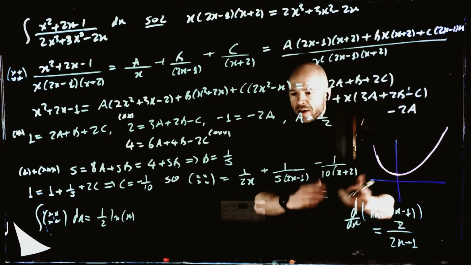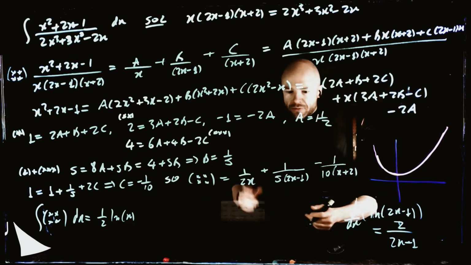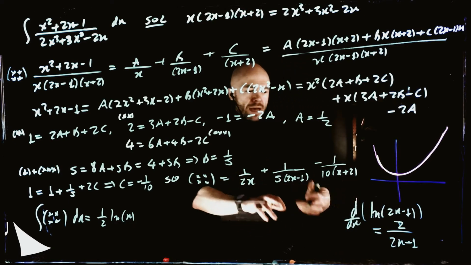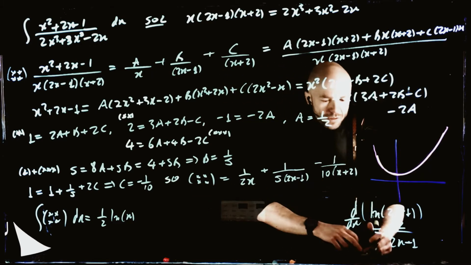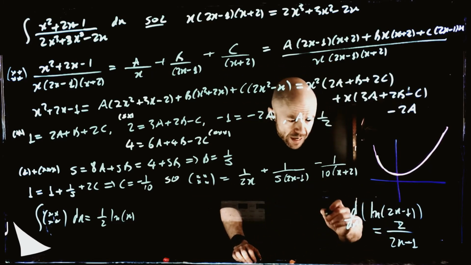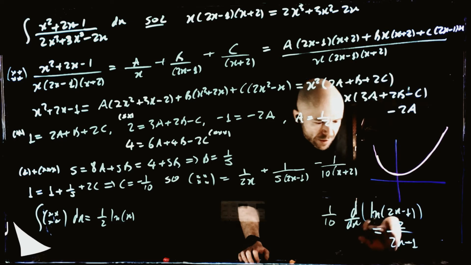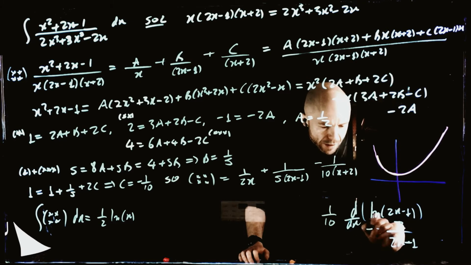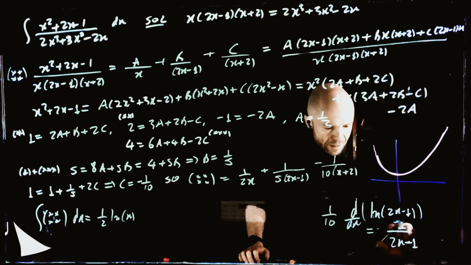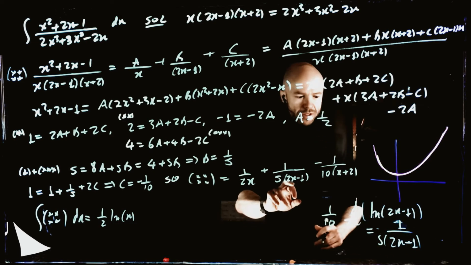So we are off by a factor, right? What we'd like to have is a fifth, and instead we've got 2. So if we just divide both sides by 1 over 10, then we get exactly what we want, right? Then we get 1 over 5, like this, which is what we want.